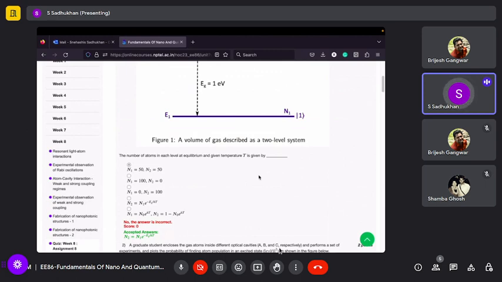That is given here, N1 to the power something. In the ground state, N2 will be e to the power minus Eg by kT, right? And what have you selected? You have selected 50-50.